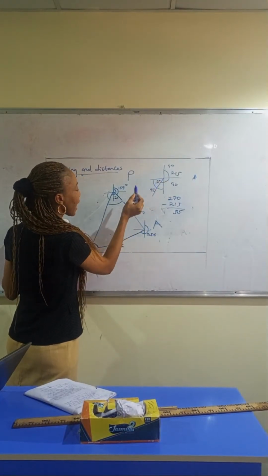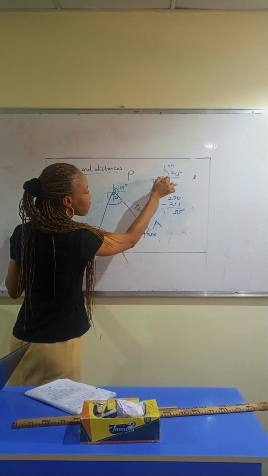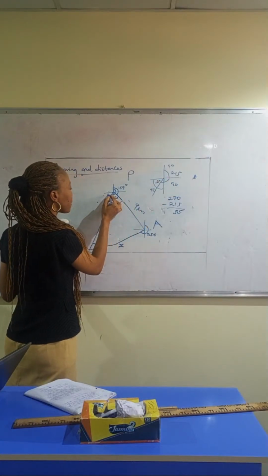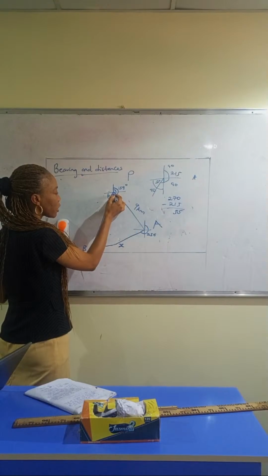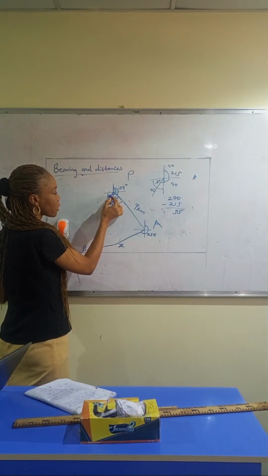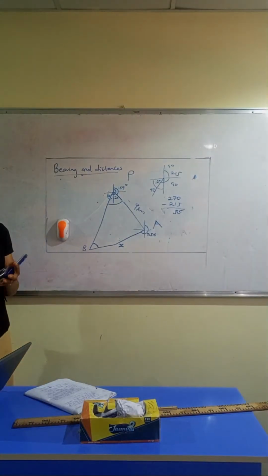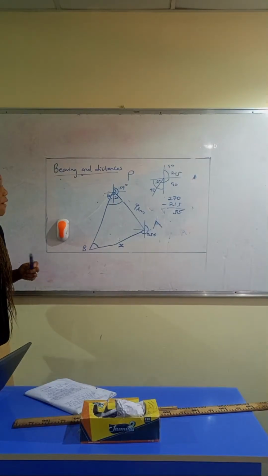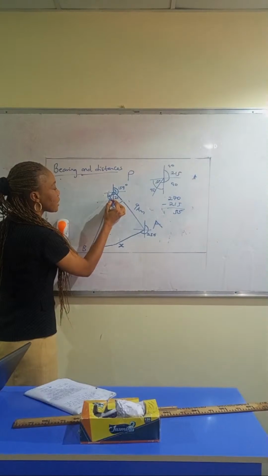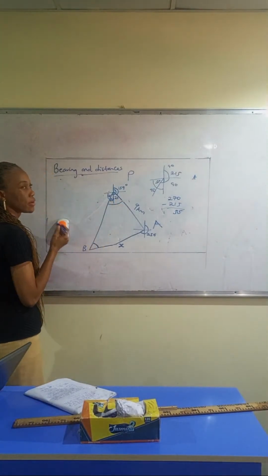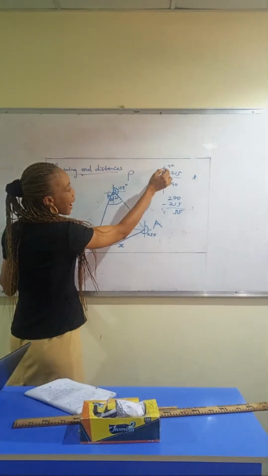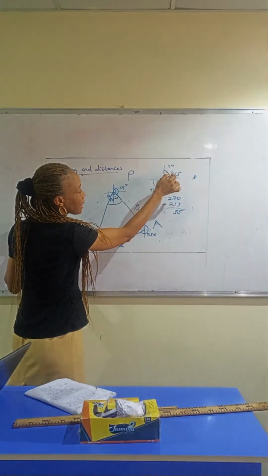If this angle here is 55, we are looking for the one that will complete this small one. Here is 55. How do we get this? We'll say 90 minus 55. 90 minus 55 will give us 35. We have ended up getting here to be 35. See, what I did here is 90, 90.